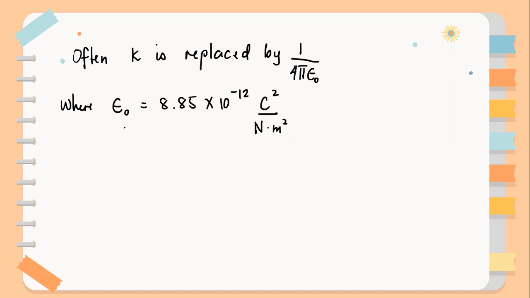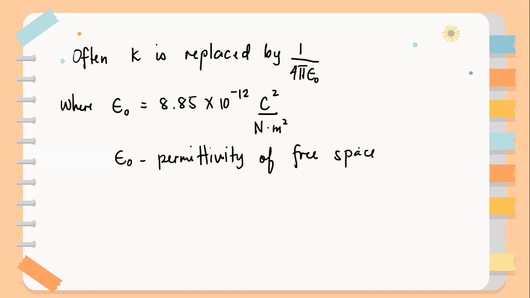This is called the permittivity of free space.